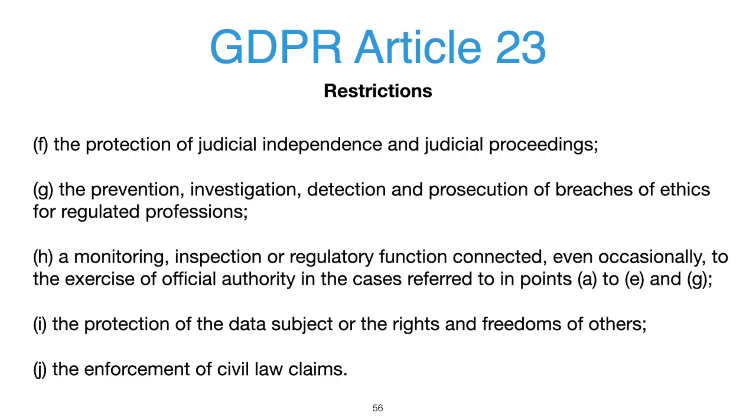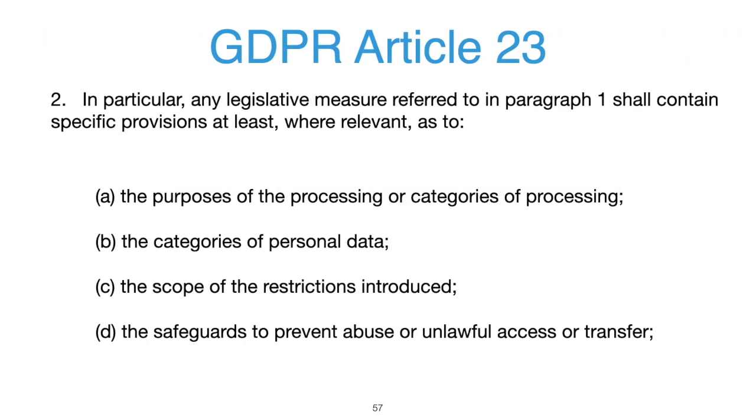We also have in F the protection of judicial independence and judicial proceedings, the prevention, investigation, detection and prosecution of breaches of ethics for regulated professions, and a few other restrictions.